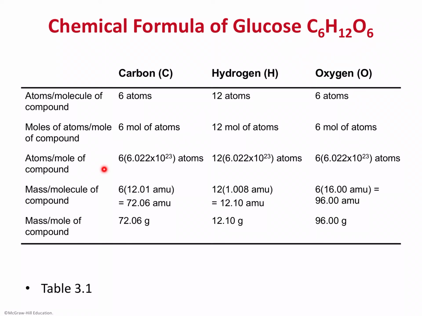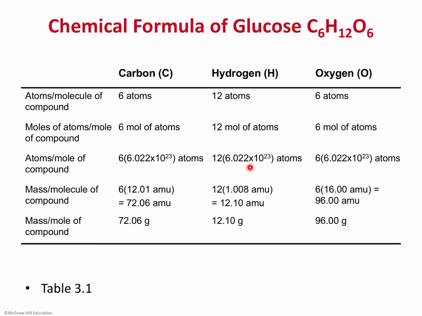Okay. And then if you want to find the atoms per mole of a compound, what's the number of carbon atoms per mole of the compound? There are 6 times the Avogadro number of carbon atoms in 1 mole of the compound. Because there are 6 atoms, you multiply 6 times the Avogadro number, since 1 mole of atoms has the Avogadro number of atoms.